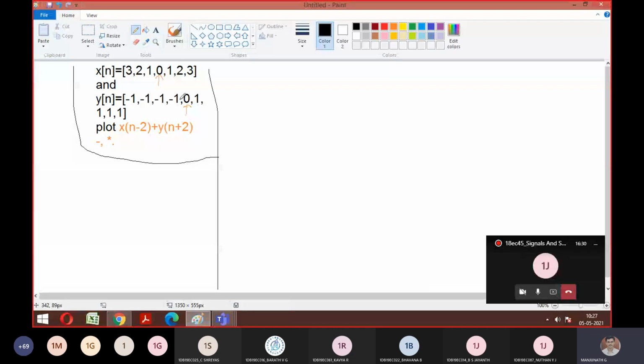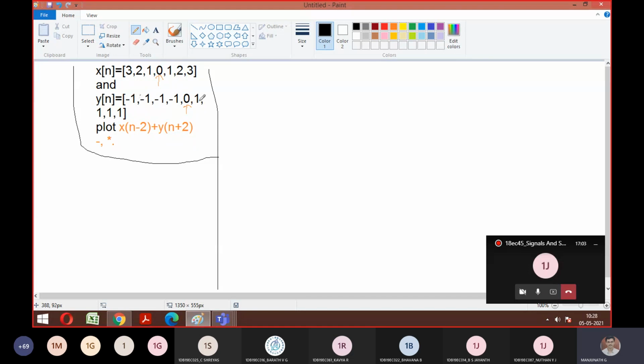Whenever they give a sequence like this with an arrow mark, the arrow indicates your origin. So n values are 0, 1, 2, 3, minus 1, minus 2, minus 3 for x of n. Similarly for y of n: 0, minus 1, minus 2, minus 3, minus 4, and plus 1, plus 2, plus 3, plus 4. So you get the waveform intervals and can then do the sketching.